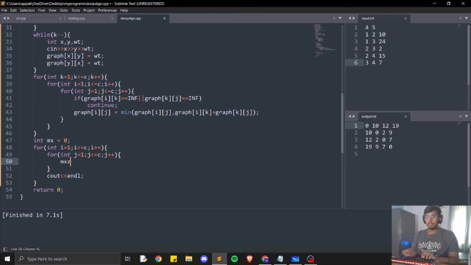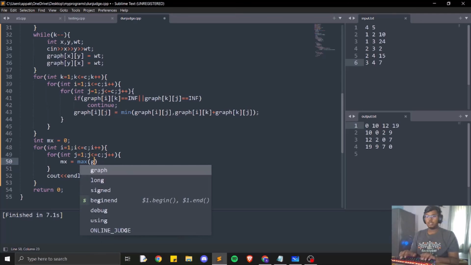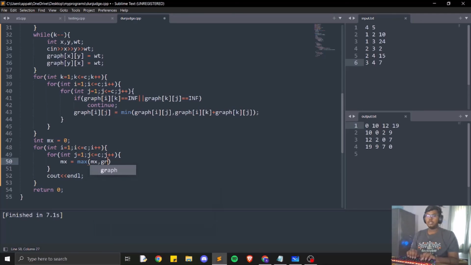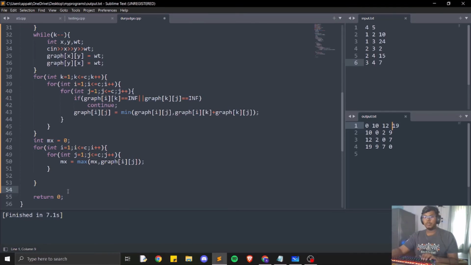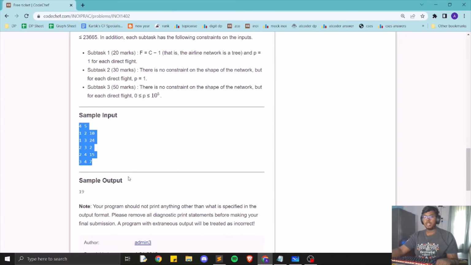So now mx is equal to the maximum of mx comma graph of ij, and so now we have the answer, which here would be 19, the maximum. Now let us try to print mx endl, and now let us build this program. And as we can see, the output is 19, which matches our sample output.